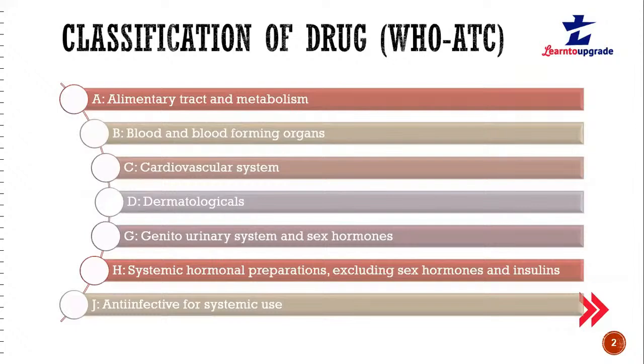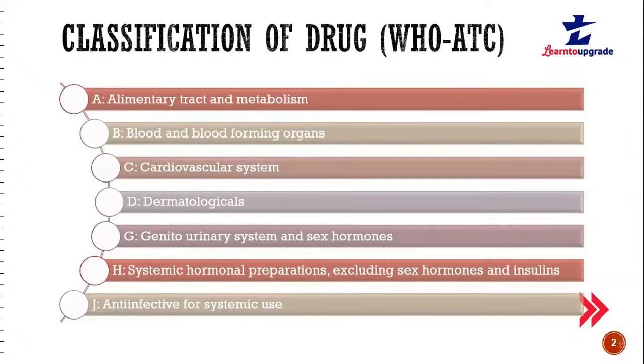They are divided in this pattern: alimentary tract and metabolism, blood and blood forming organs, cardiovascular system, dermatologicals related to skin, genitourinary system and sex hormones. Those drugs you will find in this category. Then systemic hormonal preparations, excluding the sex hormones which are in the G category, and insulins. So these are the other drugs we need to understand.